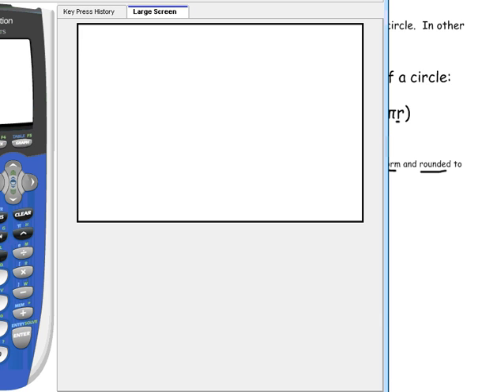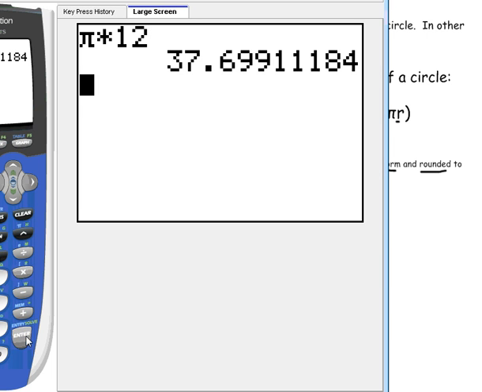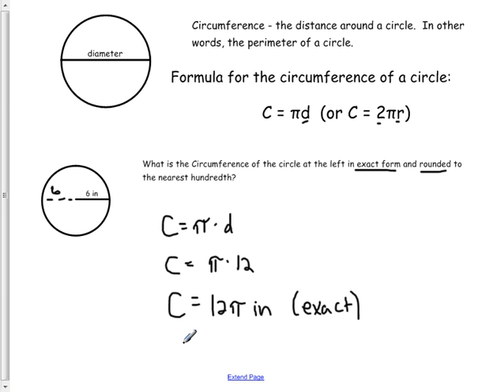And so we're going to do pi times 12, and we get about 37.699. I said round to the nearest hundredth, that's 2 decimal places. So this would round up to 37.70. So our circumference is approximately 37.70 inches, and this is our rounded answer.